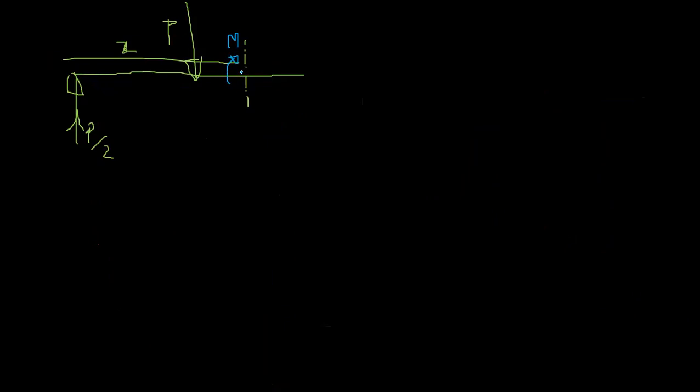So write down S. I can write summation of forces in y direction: P by 2 minus P minus S equals to 0. So I'm getting minus P over 2 is equal to S. That means negative shear, so shear is in the other direction. Shear is not in downward, shear is in upward direction now, right?